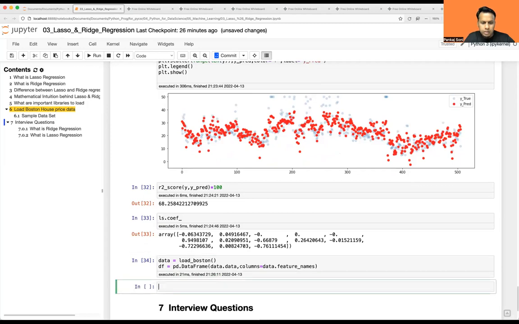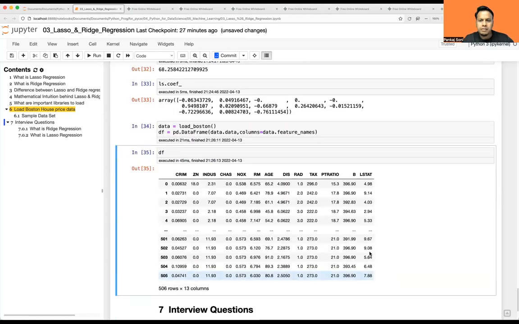Now what is my df? This is my data frame, having all the features and complete observations. But there are some features which are not at all contributing. Let's say CHAS. This is already 0, so it is not contributing much value. There could be another feature called ZN. This has some value in some observations, but a lot of other values are 0, so they are not contributing much to the prediction.